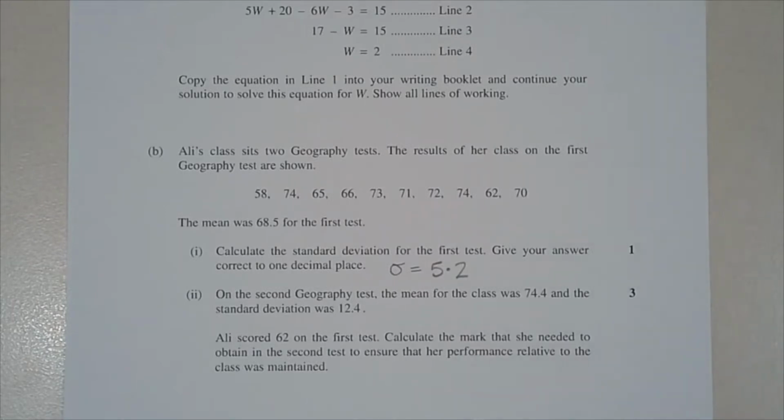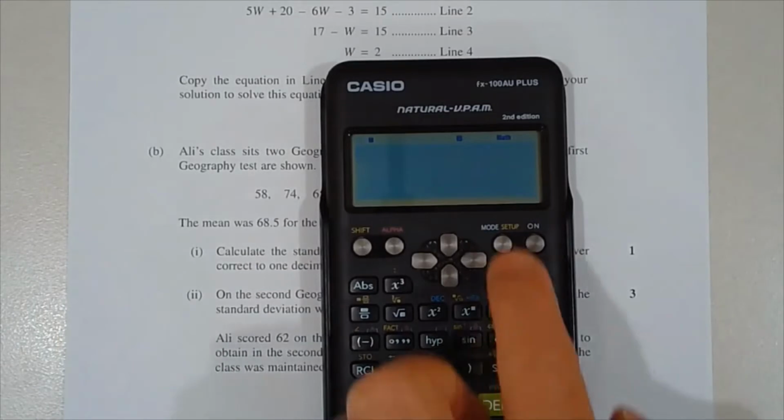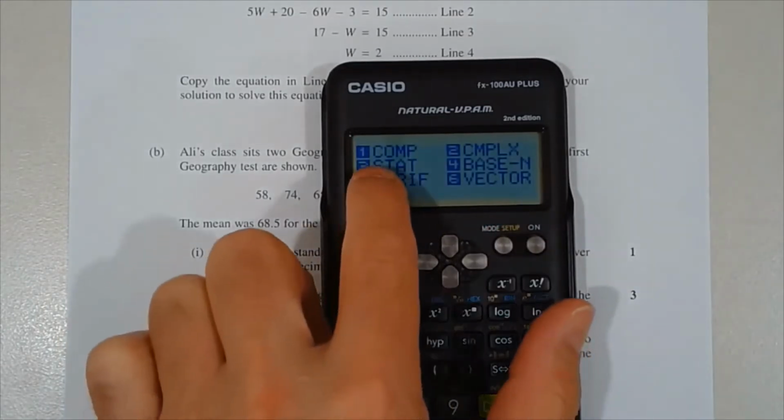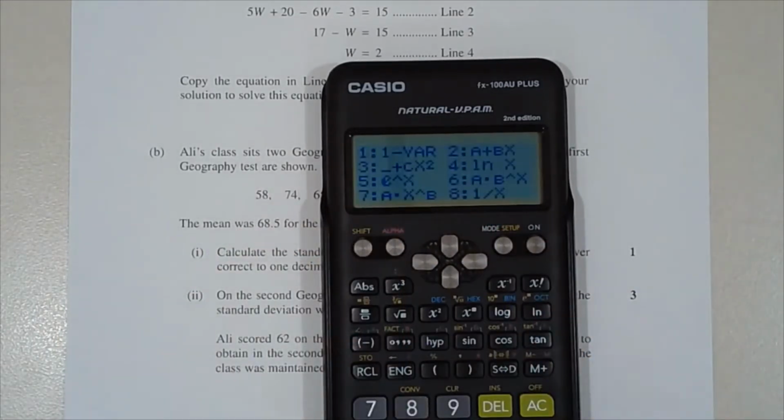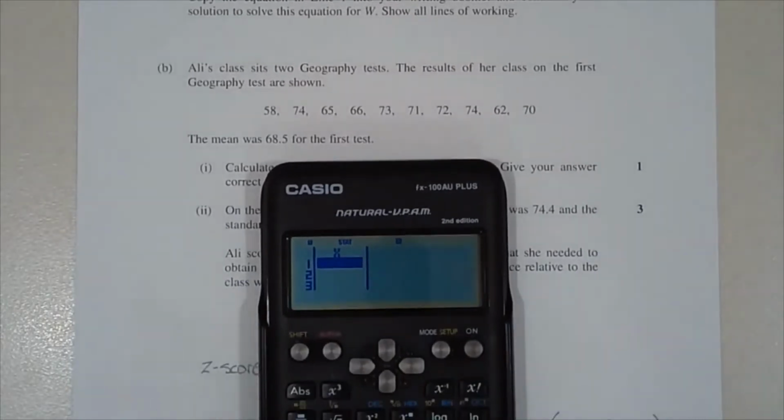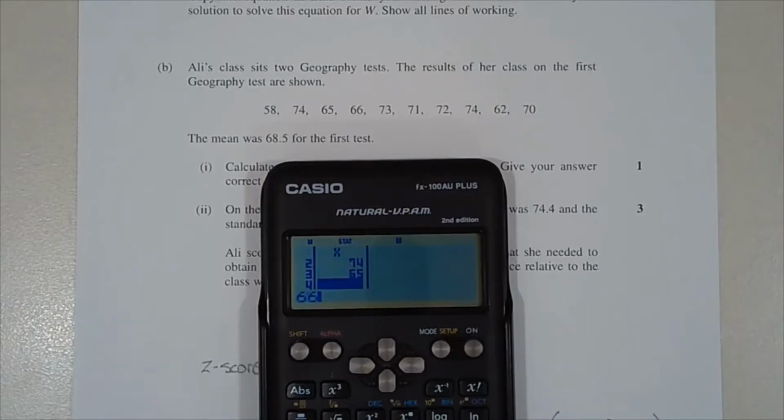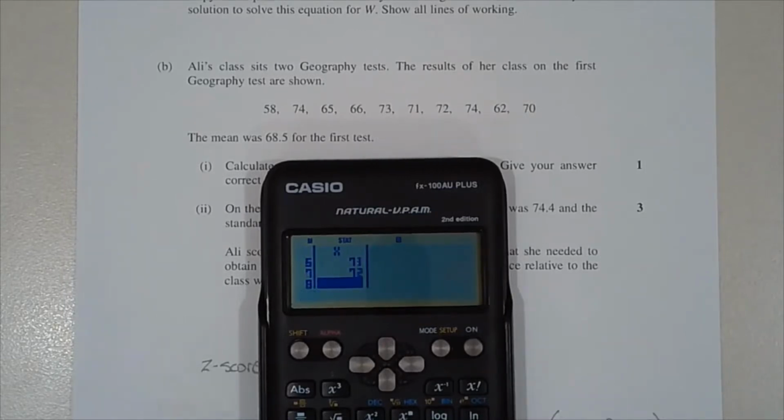Now for this you can use stat mode on the calculator. So mode, now on this one it's mode 3, and then number 1 var, and then just enter in the scores as shown. So 58, 74, 65, 66, 73, 71, 72, 74, 62, and 70.